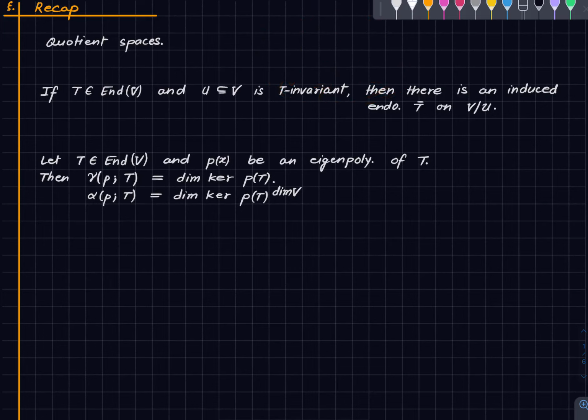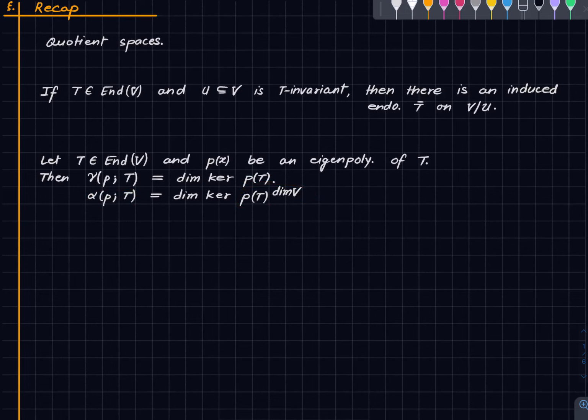And let us recall the definition of geometric and algebraic multiplicity of an eigen polynomial. So if T is an endomorphism on V and P(x) is an eigen polynomial of T, then the geometric multiplicity of P is defined as the dimension of the kernel of this endomorphism, and the algebraic multiplicity is defined as the dimension of the kernel of this endomorphism.